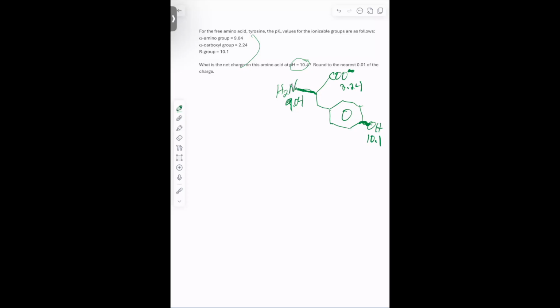By definition, it's going to have a significant amount of both groups present. The majority will be deprotonated, but there'll still be a significant amount that's protonated. So it will either be OH or O minus, and a certain fraction is going to be the negative, and a certain fraction is going to be the protonated form.